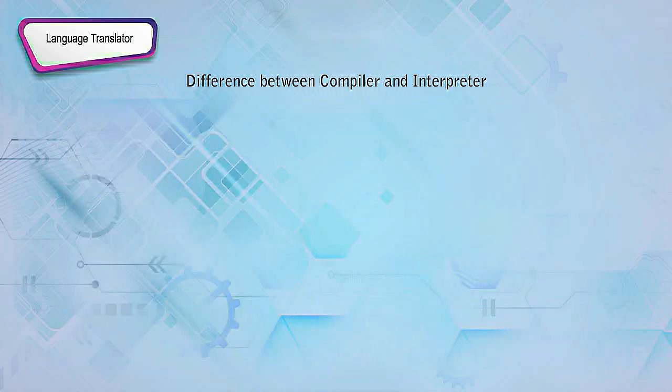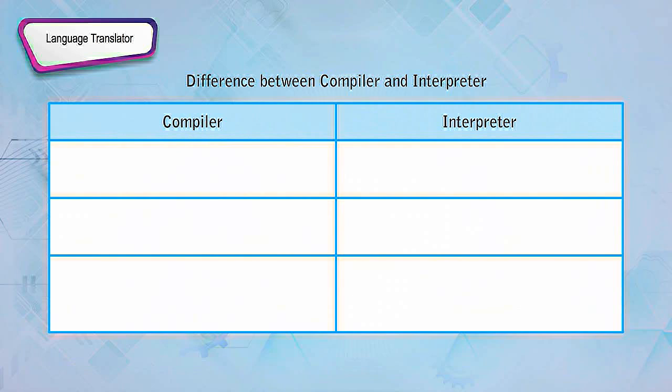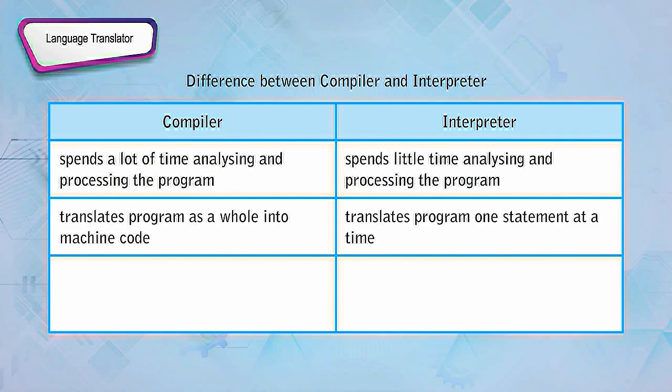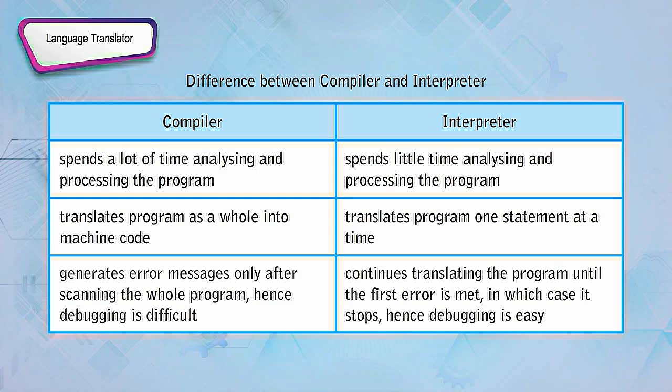Difference between compiler and interpreter. Compiler: spends a lot of time analyzing and processing the program. Interpreter: spends little time analyzing and processing the program. Compiler: translates program as a whole into machine code. Interpreter: translates program one statement at a time.